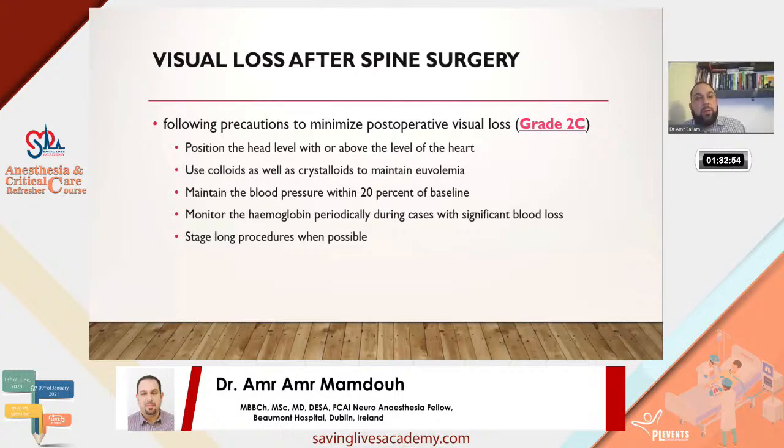Anybody working in neurosurgery or orthopedic spine surgery knows how important that is, and we will mention it frequently, about maintaining the blood pressure the same as normal when he's awake. Monitor the hemoglobin and try to replace it if there is any significant blood loss. And the other thing is staging of long procedures when it's possible.